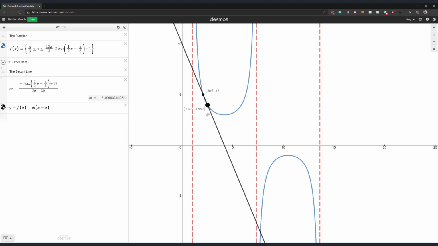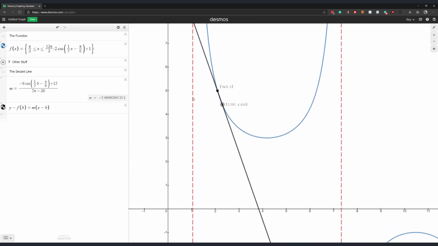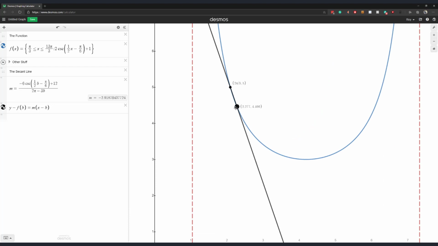As that point gets closer to 2 pi over 3, we do actually see the average rate of change, which is again the slope of the secant line, adjust accordingly. And so as we get closer and closer, we see the average rate of change is roughly negative 3.32, and then a little bit closer it's negative 3.4543, and so on and so forth.